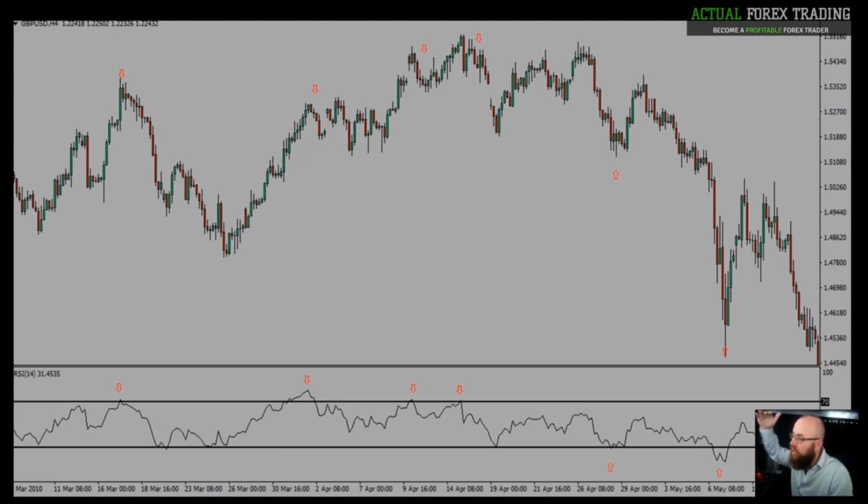So overbought is the higher end of the range, oversold is the lower end of the range. If something's oversold, it could become bullish. If something's overbought, it could become bearish. Now this is not always going to work. For example, there's a signal here on the RSI that doesn't really correspond.